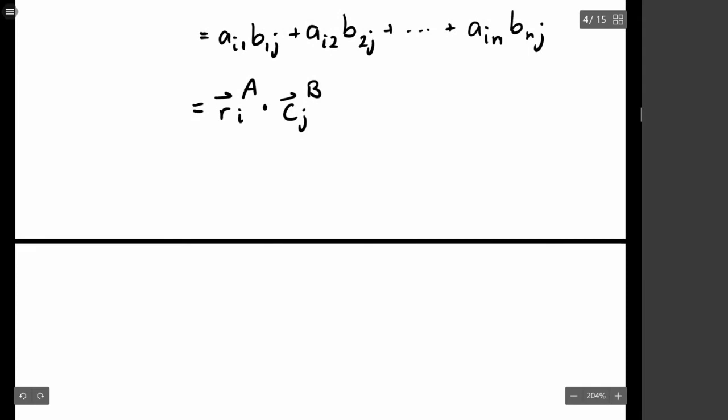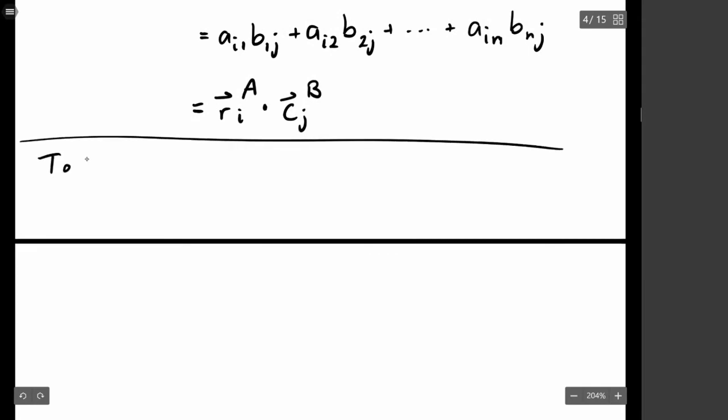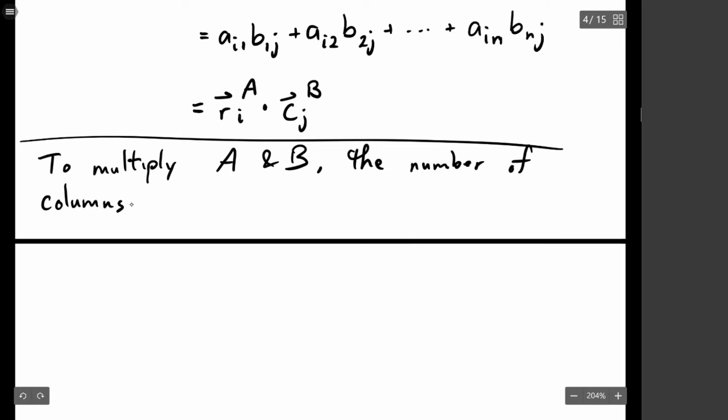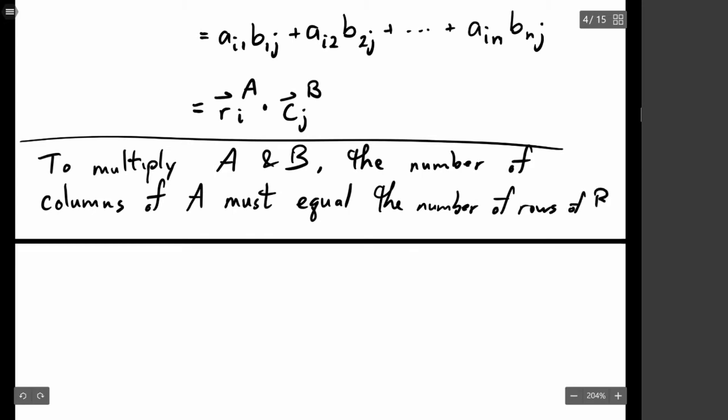Remember, actually, before we go on to that, to multiply A and B, the number of columns of A must equal the number of rows of B. So that's up here.